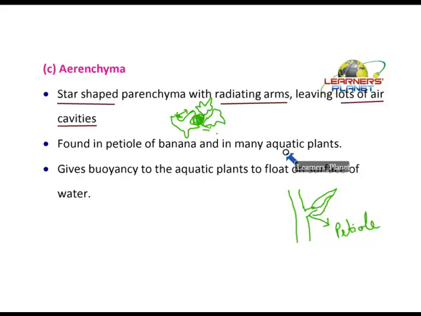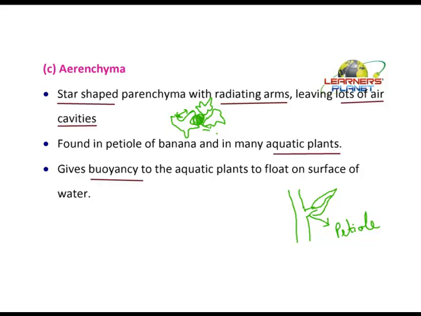Then next, they are present in the aquatic plants, and here they are abundantly present. Now what advantage can they provide to these aquatic plants? They provide buoyancy. You know what is buoyancy? It is the property which supports the floating of a substance on the surface of the water.